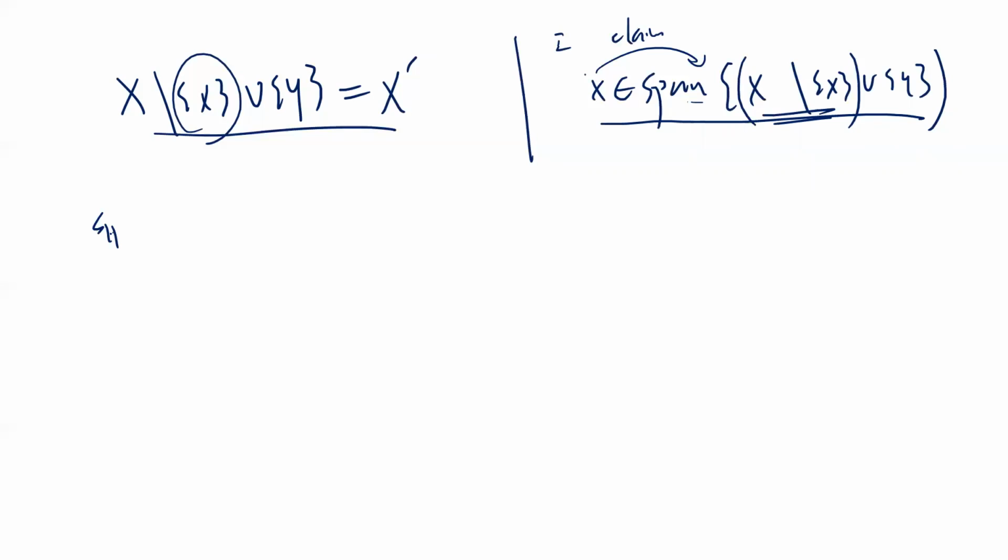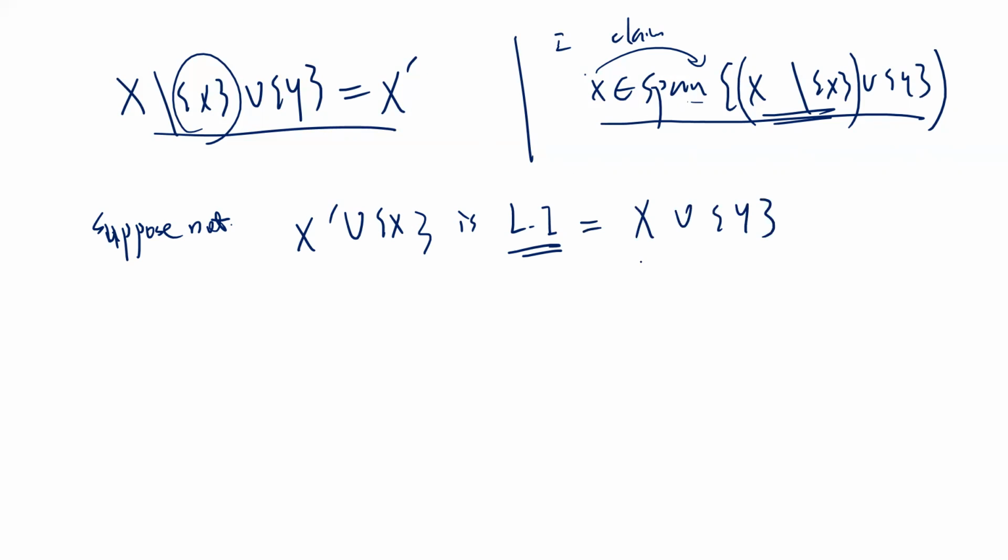By definition, so let's see how to prove this. Suppose not. Suppose X is not in the span, then your X prime union X will be another linear independent set, right? But X prime union X is just X union Y, your originally larger set.